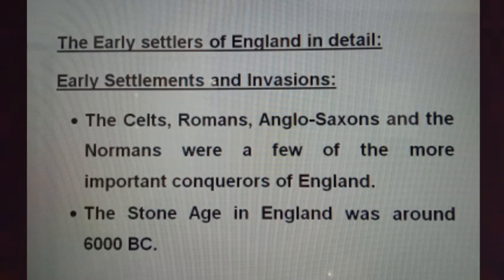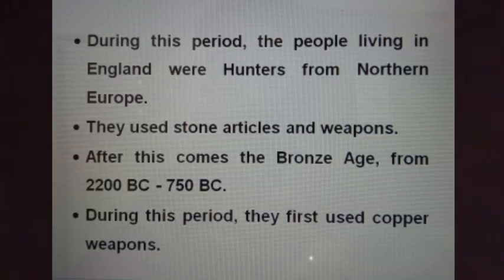The Stone Age in England was around 6000 BC. During this period, the people living in England were hunters from Northern Europe.